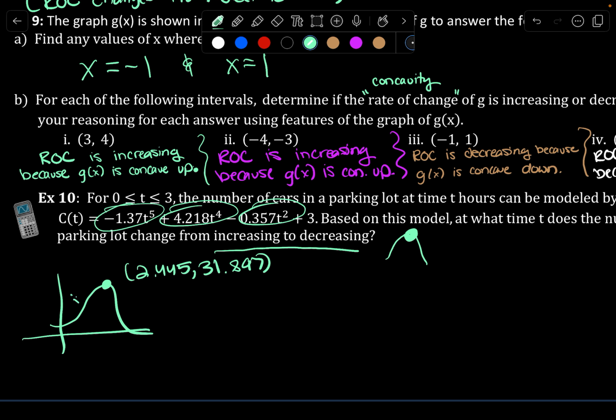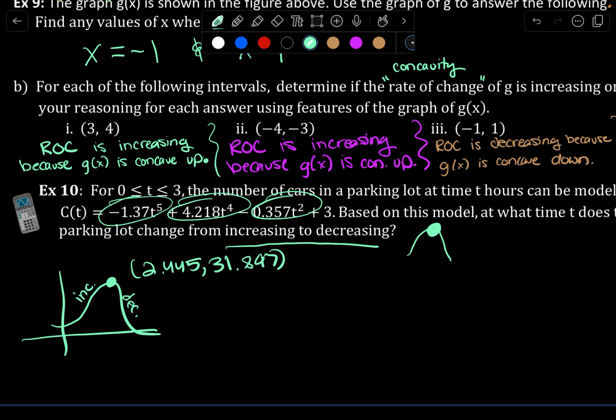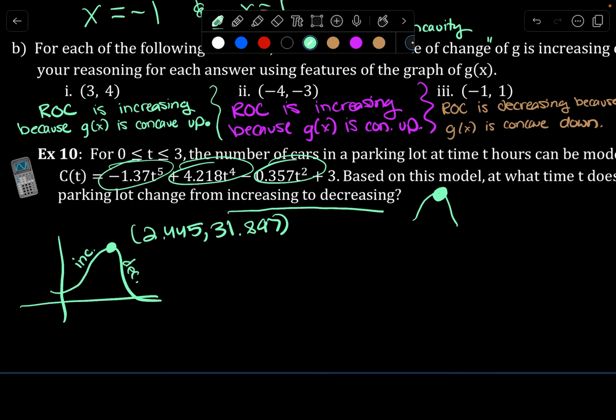So on the left side of this, the function is increasing, and then on the right side, it is decreasing, which means we found our t. So at time t equals 2.445 hours. So I know in the calculator, we used x, but the context of the problem is using t. Follow the variables that you are being provided with, okay?